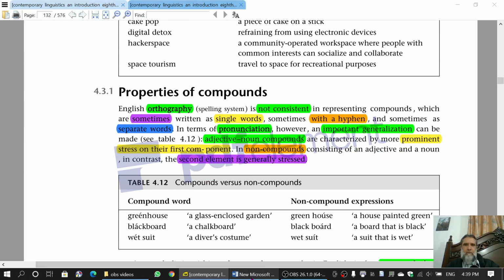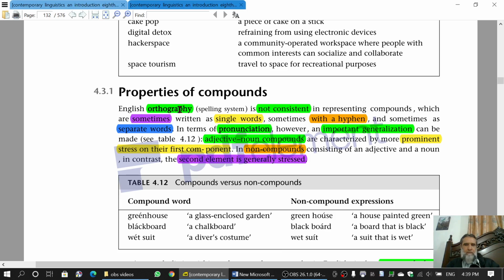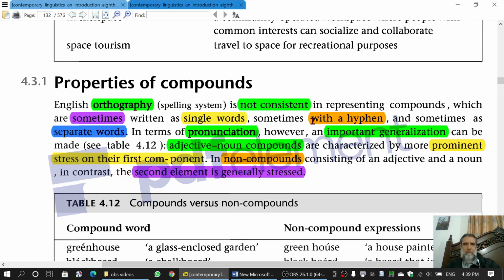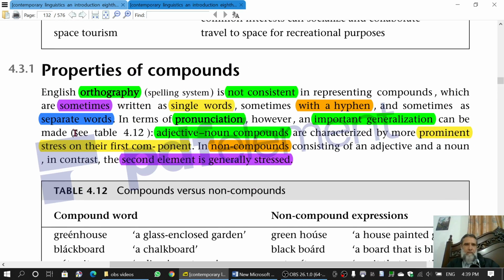As I said before, we will discuss the properties of compounds with reference to orthography, pronunciation and tense and plural markers. The first is the orthography or the spelling system. As far as the spelling system of compounds is concerned, it is not consistent.